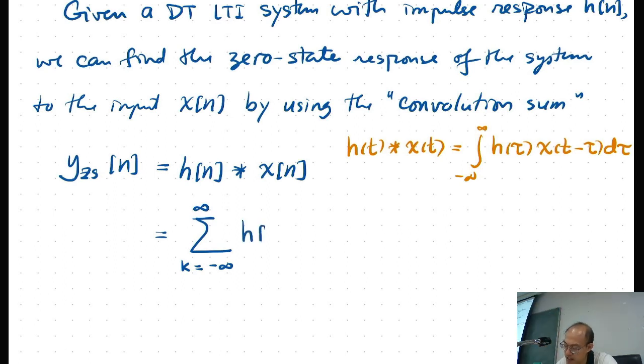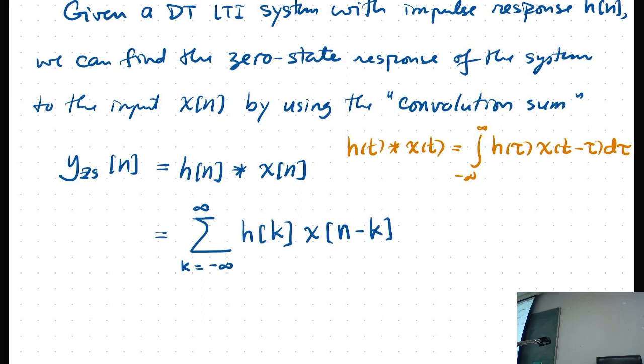So this is h of k. And then x is repeated here. Inside of x, t is n, so let's write down n to reflect this: n minus, and tau changed to k. So x of n minus k, and this is the definition of the convolution sum. Question? No? So you see the similarities.